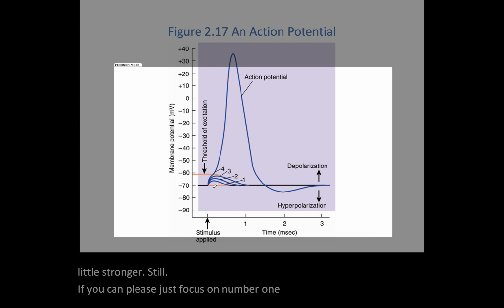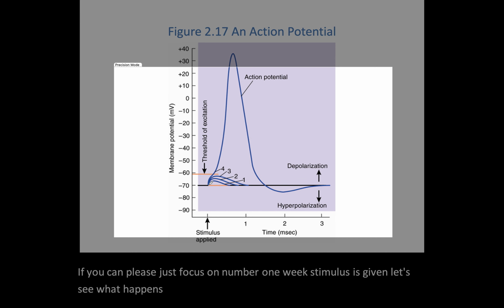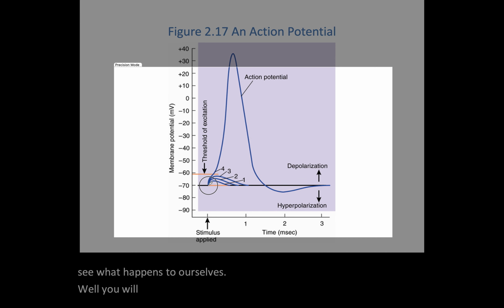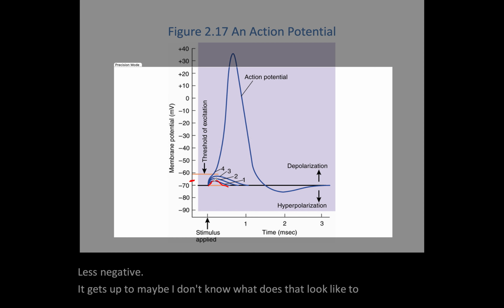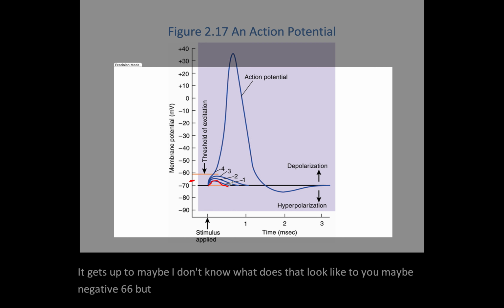Weak stimulus is given. Let's see what happens to our cell. Well, you will see that temporarily the cell becomes a little less negative. Temporarily, it gets up to maybe, what does that look like to you? Maybe negative 66. But then quickly, the cell returns right down to rest.